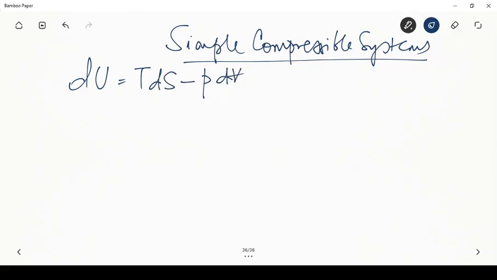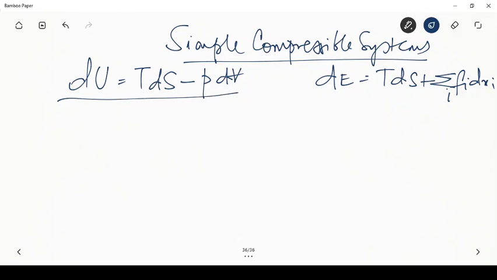Okay, we had actually written dE is equal to TdS plus the summation of Fi dxi over all modes of interaction i that are feasible. Now in simple compressible system or simple system, there's only one i, and here Fi is minus P and dxi is dV. So this is your fundamental equation for thermodynamics for simple compressible systems.